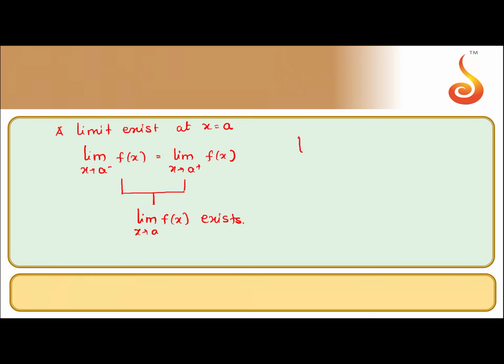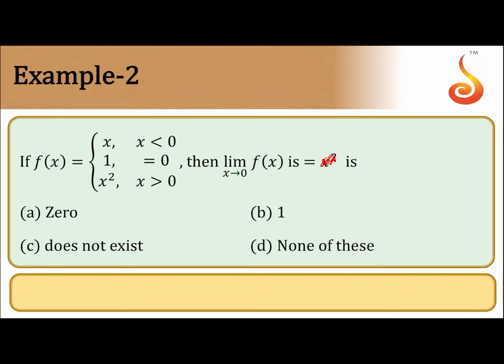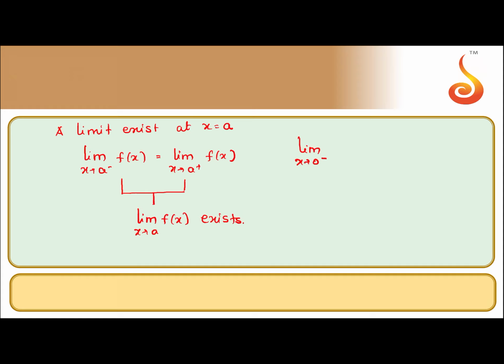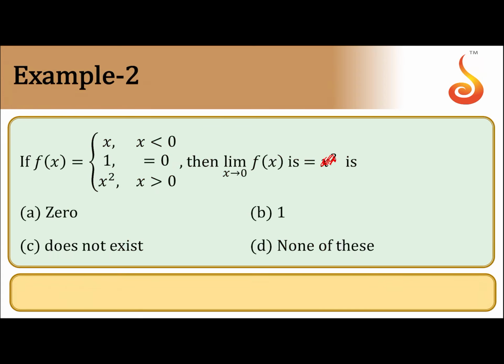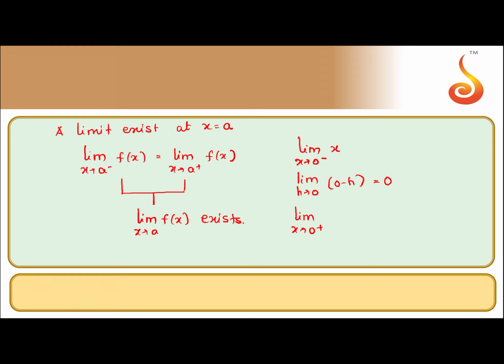Therefore, in our required problem, limit x tending to 0 minus, it is given as x. So what we do, limit h tending to 0, this becomes 0 minus h, finally it is 0. Similarly, limit x tending to 0 plus, it is given as x square.